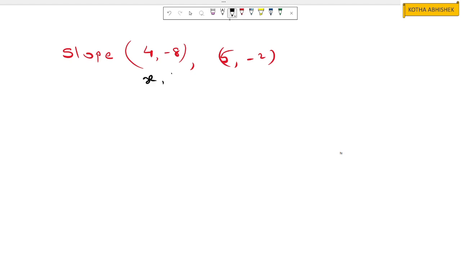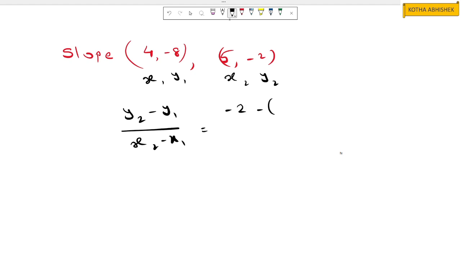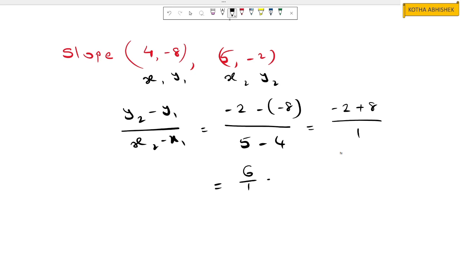The slope formula is (y2 minus y1) divided by (x2 minus x1), which equals (minus 2 minus minus 8) divided by (5 minus 4), which is minus 2 plus 8 divided by 1. 6 by 1 is 6. So the slope of the given points is 6.